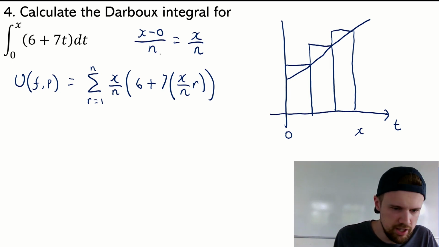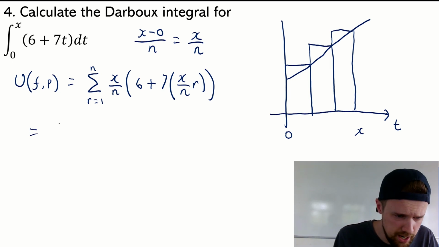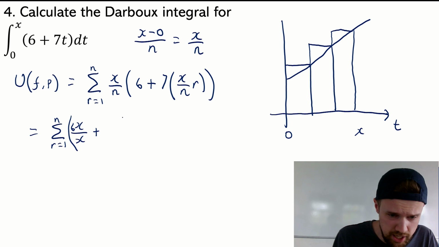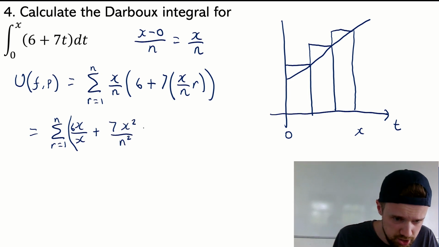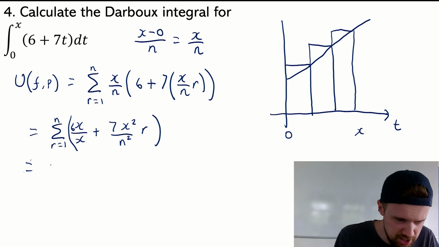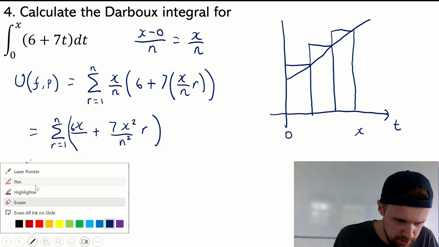There we go. Nice. So therefore, we can work out what that is. And then we're going to end up with 7x squared over n squared lots of r. Cool. Applying some series formula to that, oops, I've realized I made a mistake. You probably spotted it already. It's meant to be an n on the bottom there.